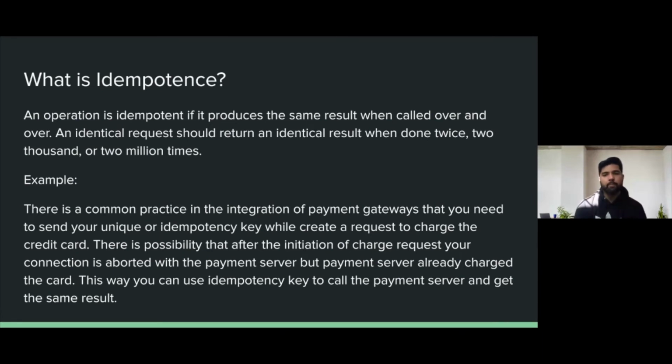It is just like you have sent a request from your computer to a server, for example, to create an order. You are an e-commerce company. You said, okay, create this order, and suddenly your Wi-Fi is disconnected. Once your Wi-Fi is disconnected, you won't be able to get a response that it completed successfully.